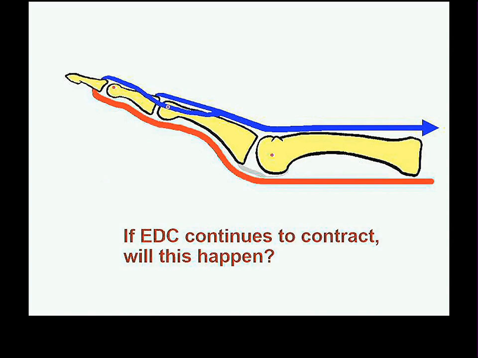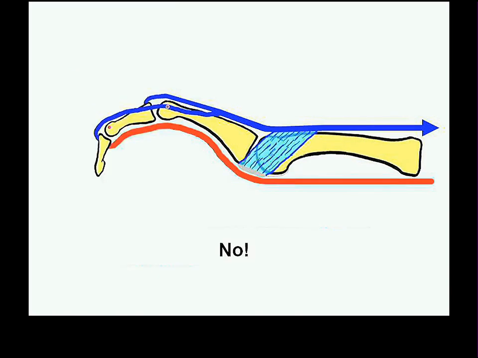Can I then get it to look sort of like that? For most people, this is not true because the sagittal band of the hood now is obliquely positioned, and so force in the extensor digitorum communis is shunted down the sagittal band and cannot be directed into the extensor expansion.